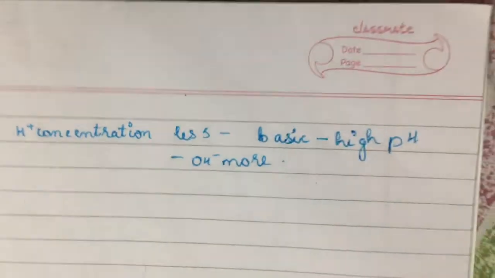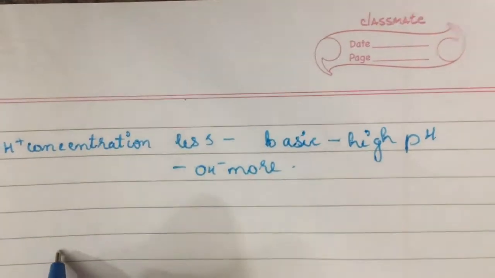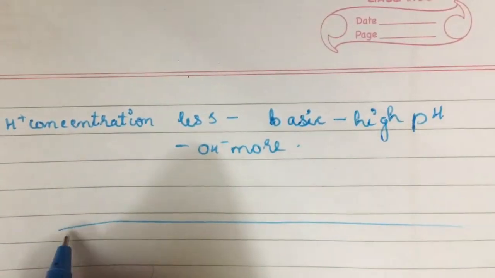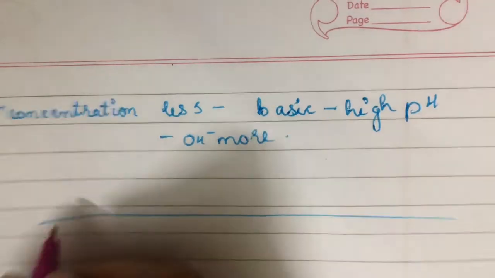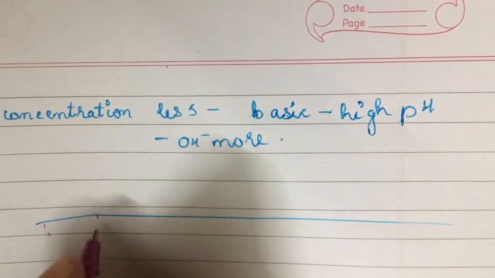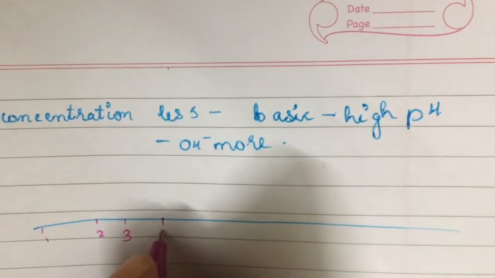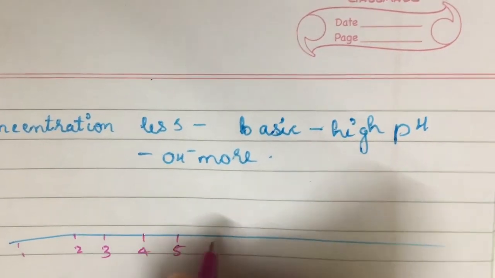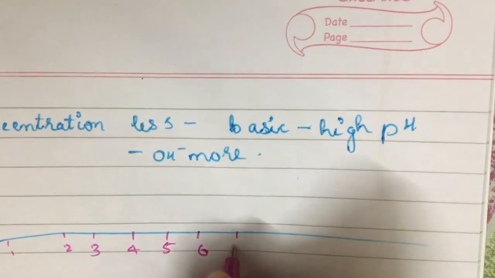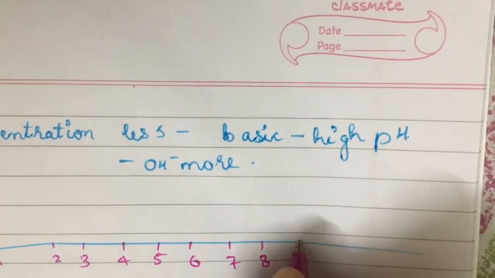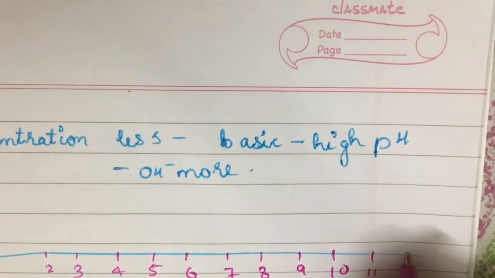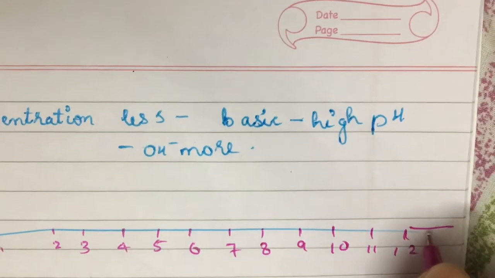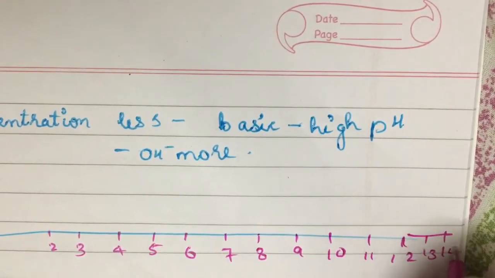So by using this pH paper, suppose this is our pH paper, it will have a definite range like numbers 1, 2, 3, 4, 5, roughly I am explaining this, 6, 7, 8, 9, 10, 11, 12, 13 and finally 14.